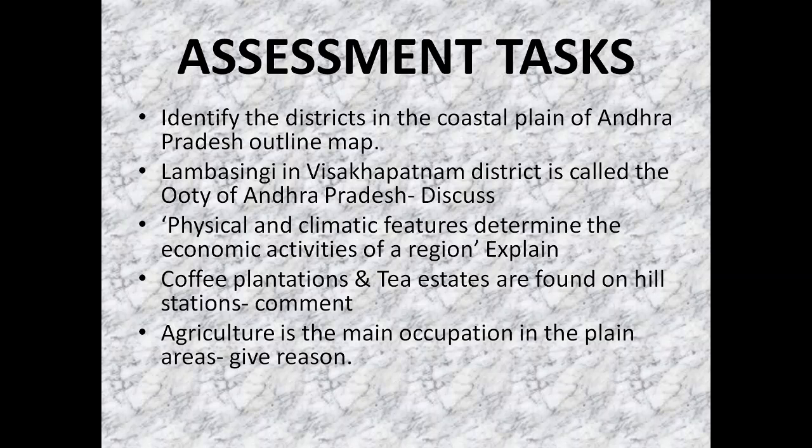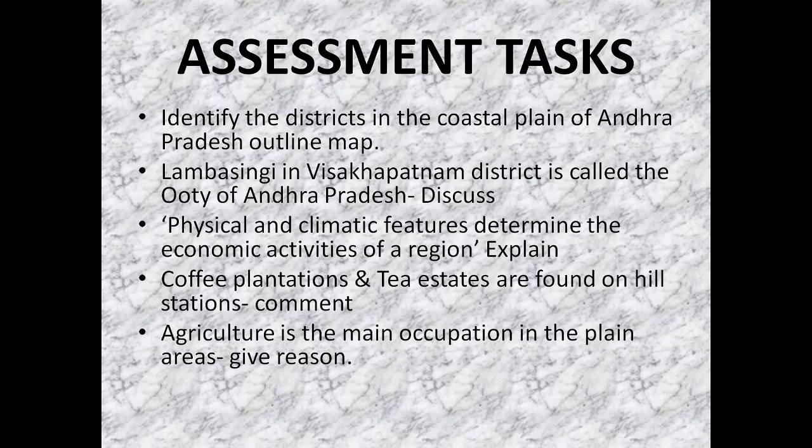Lambasingi in Visakhapatnam district is called the Ooty of Andhra Pradesh. It is because of its physical features and the landforms that the area has. Physical and climatic features determine the economic activities. For example, if the physical feature is a fertile land, then there will be more agriculture, the population will be dense, and there will be more economic activities like that.